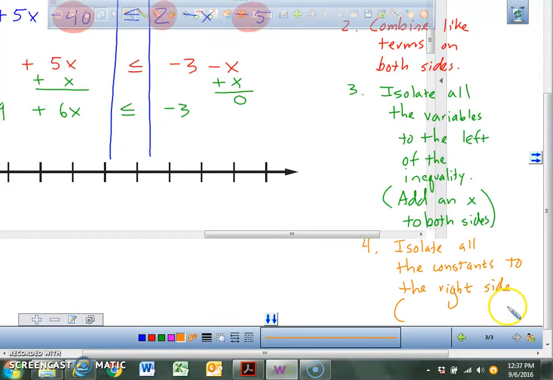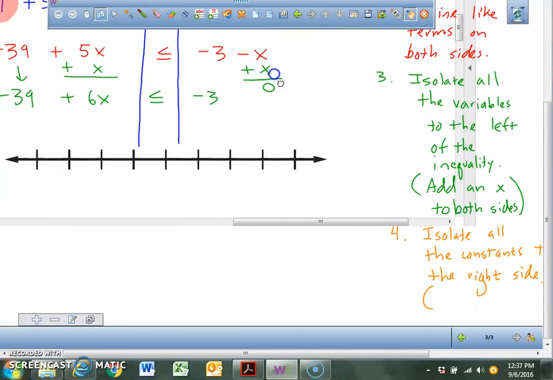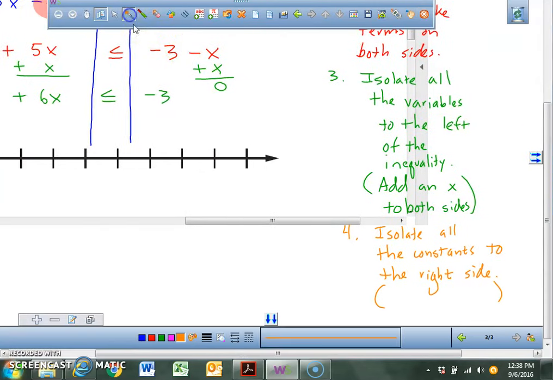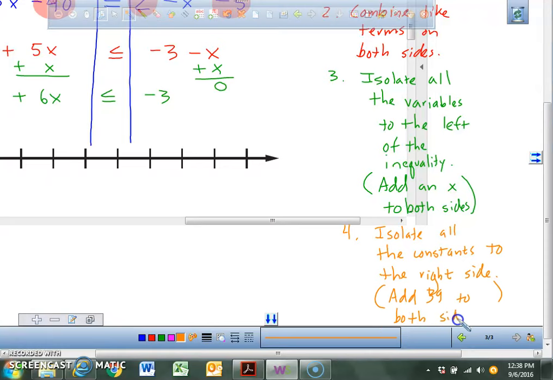So I'm going to put in parentheses, what are the instructions to moving all the constants to the right side? What are we going to do? Add 39 to both sides. Good. So we're going to say add 39 to both sides.